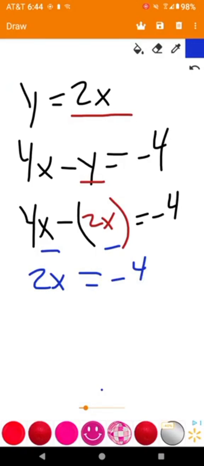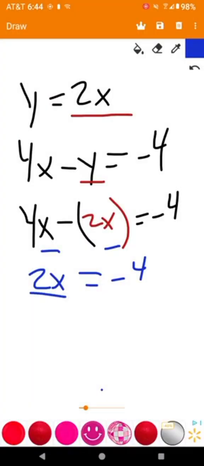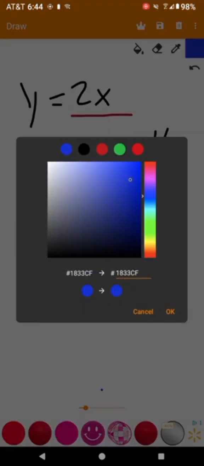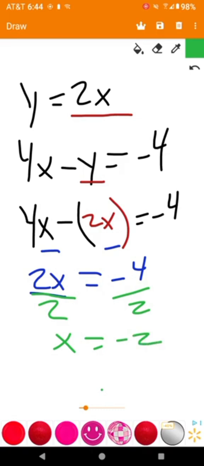And now we're going to divide by 2. And we're left with x equals negative 2. So my x is equal to negative 2, so now we can plug that into the equation to get our actual y value.